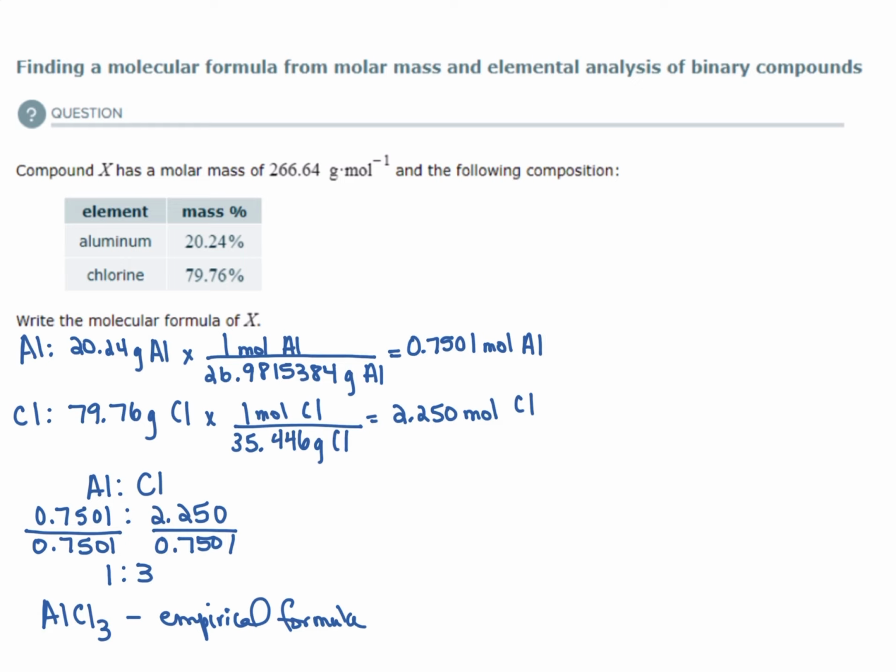The next step is to find the empirical formula mass. So we're going to go ahead and use the numbers that we've been playing with. So there are 3 chlorines and 1 aluminum.